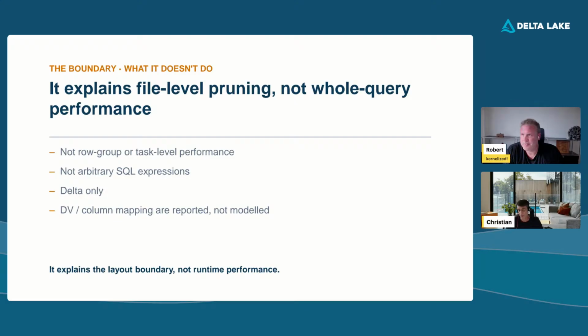And here we come to the last point: the classical what can be done, what cannot be done. Obviously there's always something to improve, but there are limits. For example, we are not opening files, we are just working with metadata.